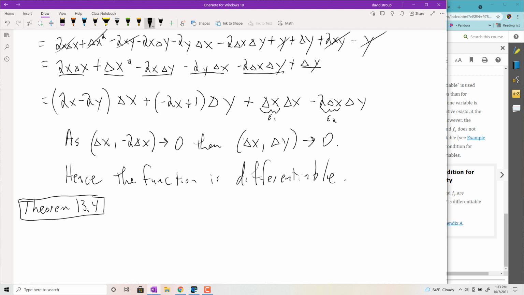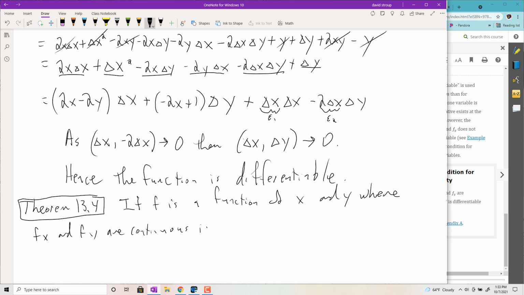It says if f is a function of x and y where your partials, so fx and fy, are continuous in an open region R, then f is differentiable on that region.